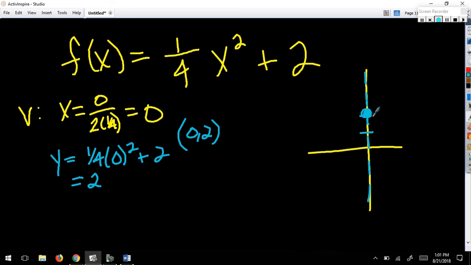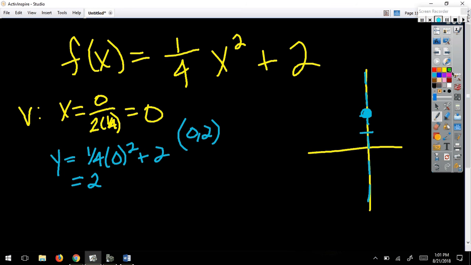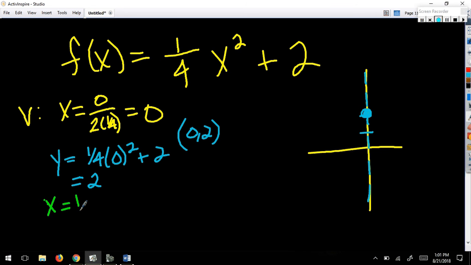I need an easy point. 1. That's close to the vertex. That will work. I gave you this one intentionally because I told you sometimes you could use that y-intercept. And in this case, the y-intercept doesn't work for your easy point because it's already being used as the vertex. So we need to pick another one. So we're going to do 1. I think that's a wonderful choice.